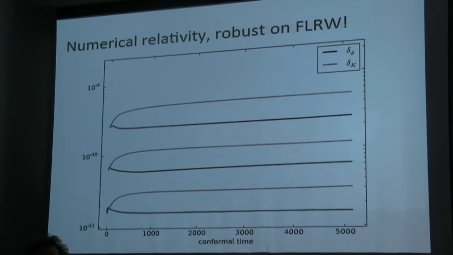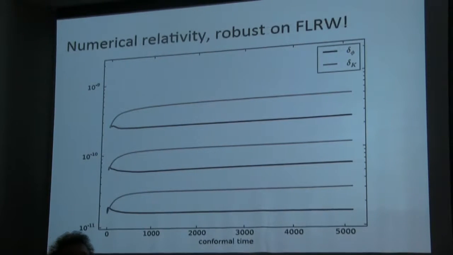So what is our robustness test? You take just the FRW background, and then you perturb it with perturbations around 10 to the minus 8, here it's 10 to the minus 9. And it's just to mimic numerical error.